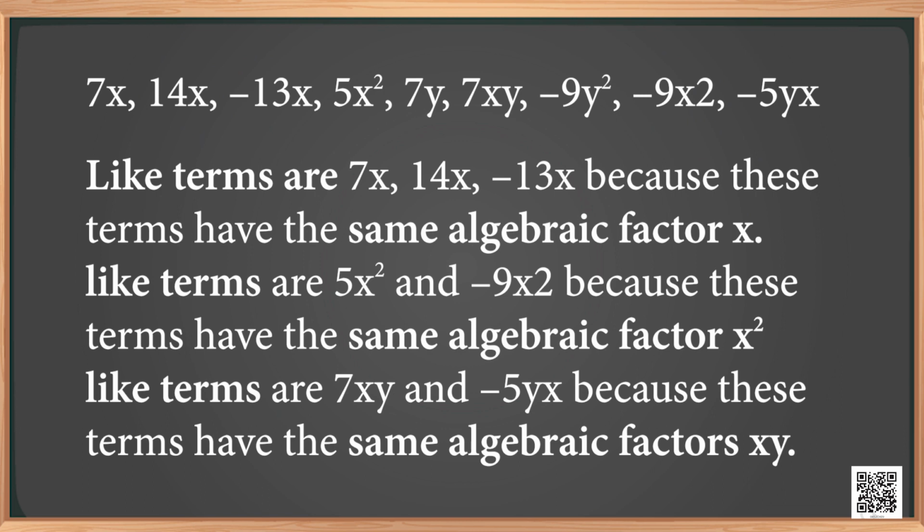Out of them, like terms are 7x, 14x, minus 13x, because these terms have the same algebraic factor x. 5x square, minus 9x square are also like terms, because these terms have the same algebraic factor x square. 7xy, minus 5yx are also like terms, because these terms have the same algebraic factors x, y.